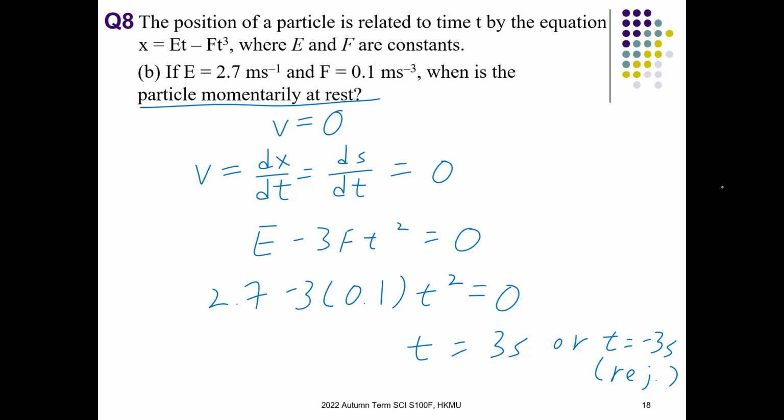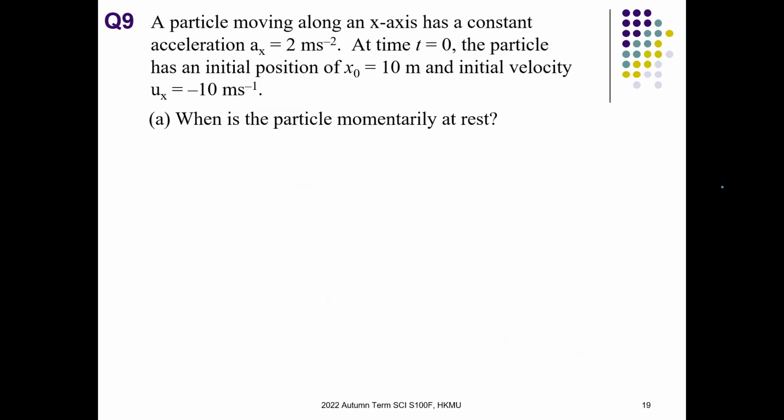Let's move forward. We go to question 9. In question 9, we consider again a 1D motion on the x-axis, where we have a constant acceleration and the particle is traveling with an initial velocity of -10.